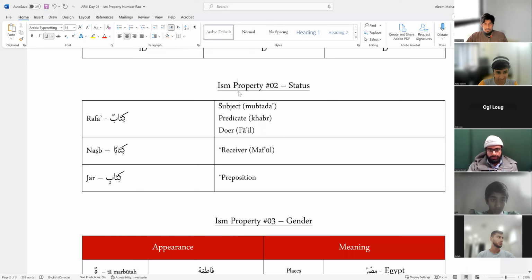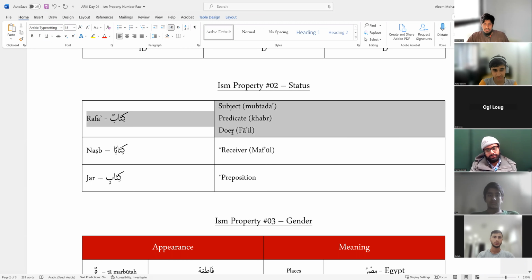Okay, so ism property number 2 was status, and we said that status is going to tell you the purpose of a word in a sentence, right? And remember, this applies to isms, not to past tense verbs like we've been looking at, all right? So there was 3. There's rafa', nasab, and jar. And rafa' is known by the dhamma ending, while nasab is known by the fatha ending, and jar is known by the kasra ending.